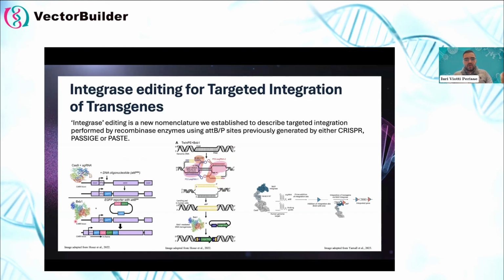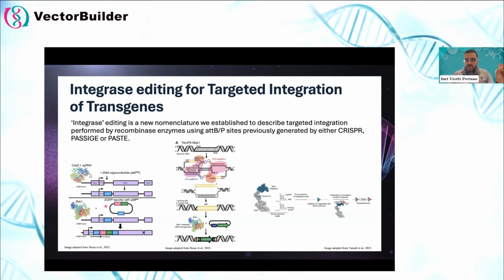So that could be in a locus that you already know and you want to introduce some portion of protein, some amino acids, or if you want to introduce a huge transgene like Cas9 and EGFP here, like in this example. And after that, you're going to introduce that transgene with a BXB1 integrase.